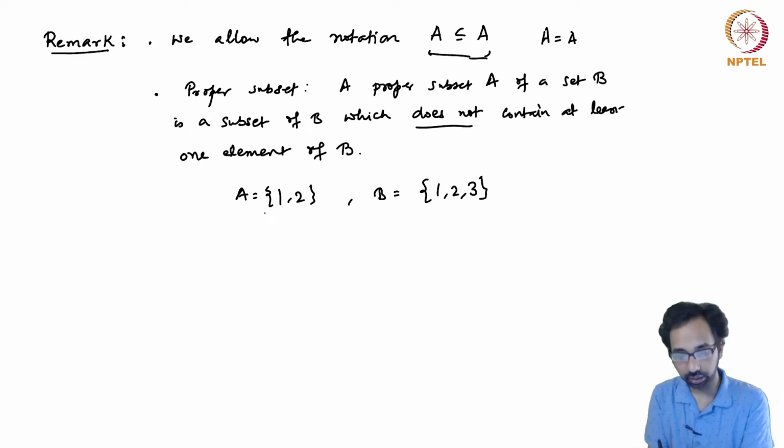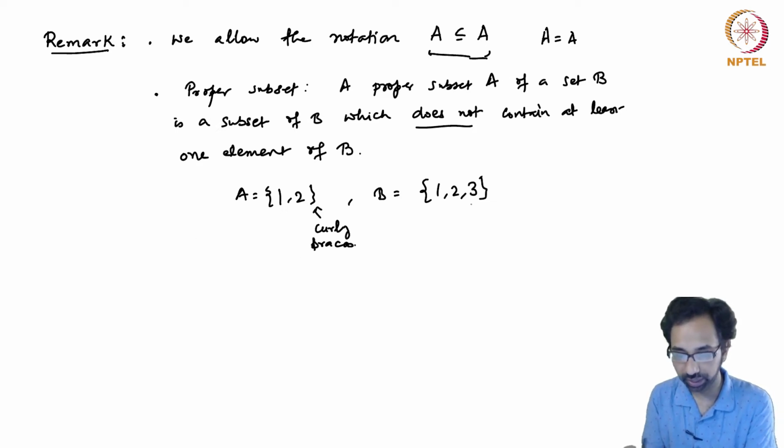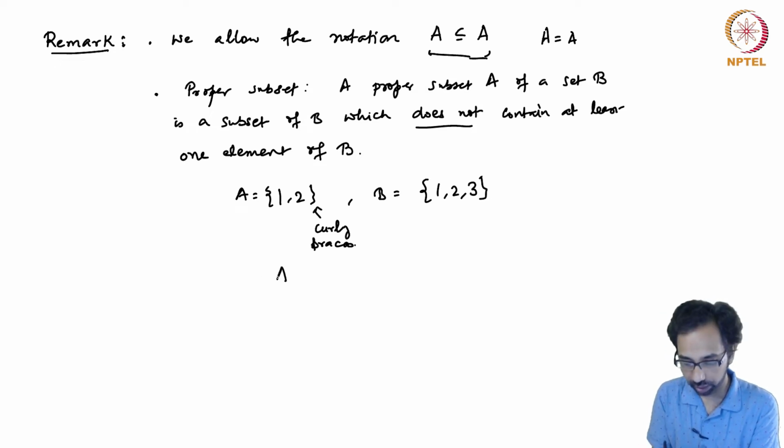A set is usually written with curly braces, and we will also define sets using this notation. In this case, when A is 1 and 2 and B is 1, 2 and 3, we write A is a proper subset of B using this notation.